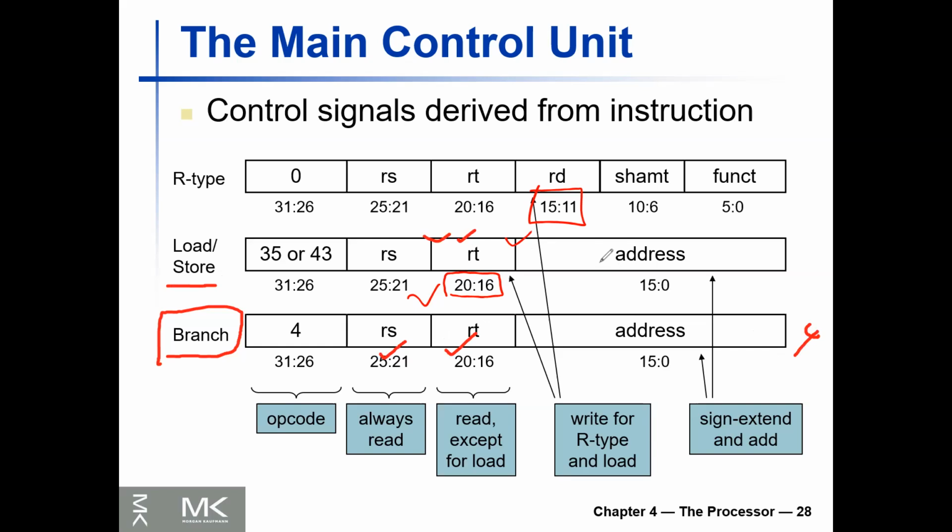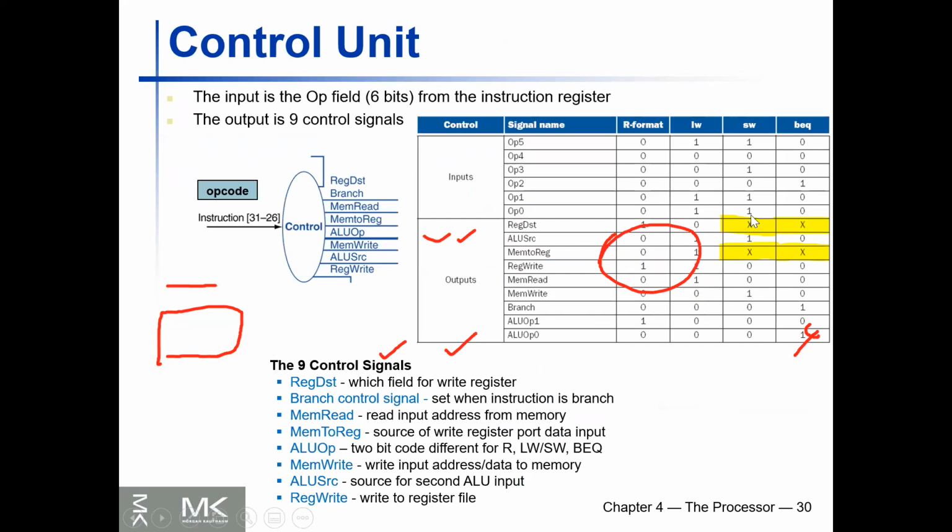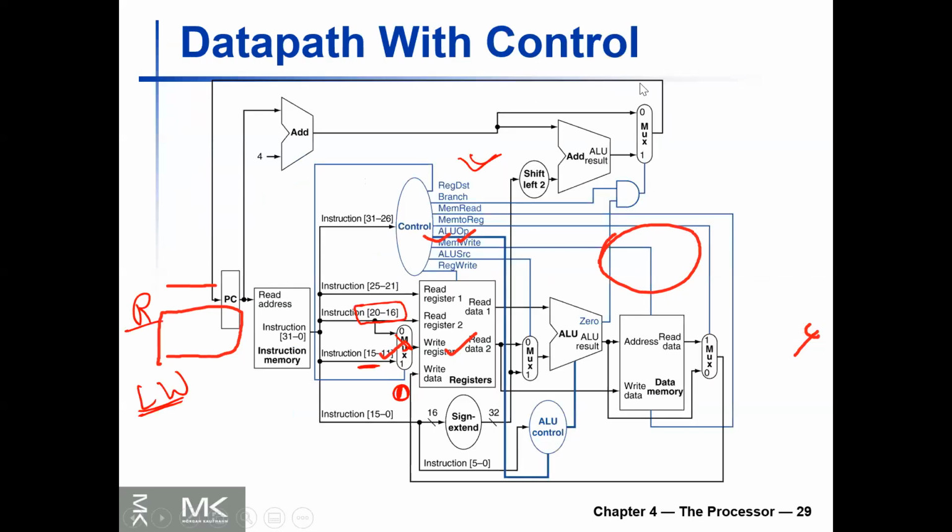So we are not going to write in the register, we are going to write in the memory according to this offset address. So that's why we said for store and for the BEQ, this signal is don't care, neither 0 nor 1, because 0 means we have to choose another field, 1 means we have to choose another field, but we are not going to choose any field according to this slide.